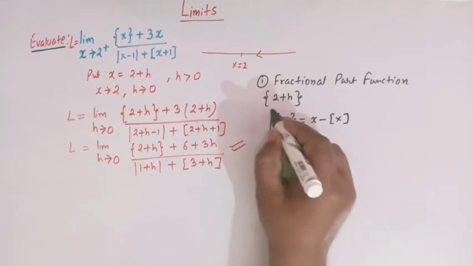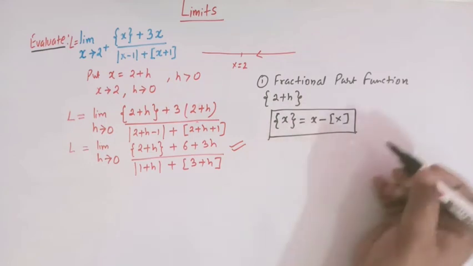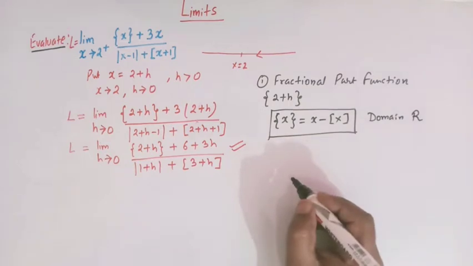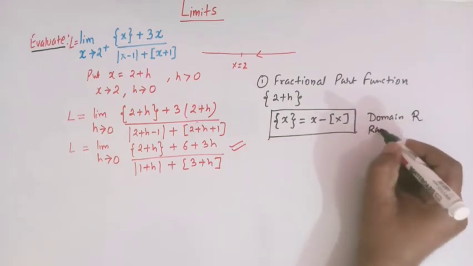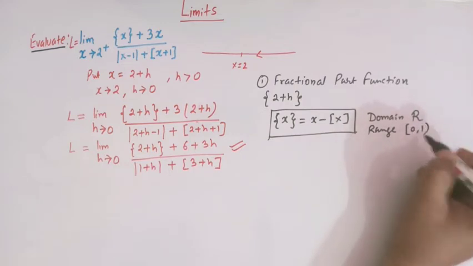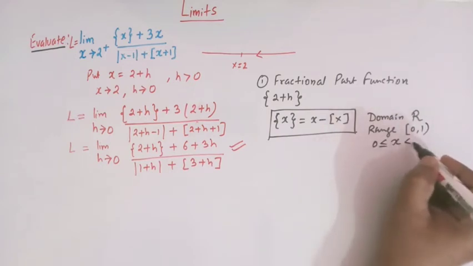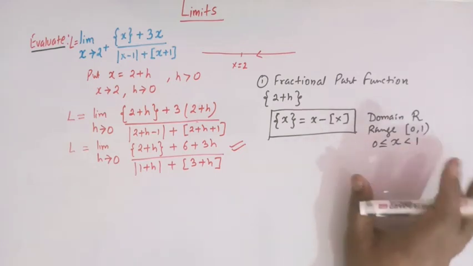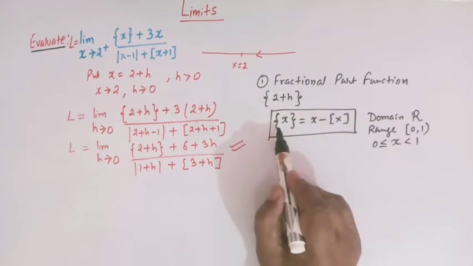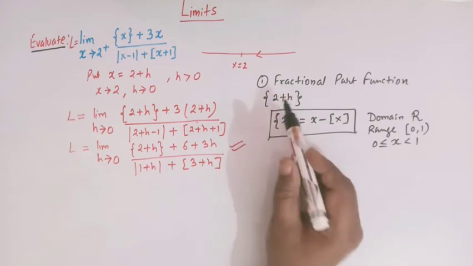We know that the domain of the fractional part function is R, the set of real numbers, and the range is the interval 0 to 1, which can also be written as greater than or equal to 0 but less than 1. The period of the fractional part function is 1. We'll make use of this definition to express this function.